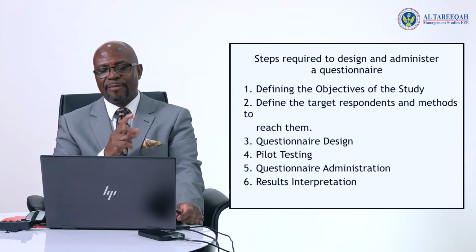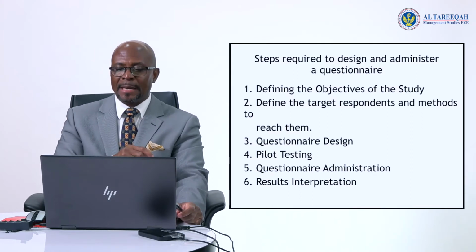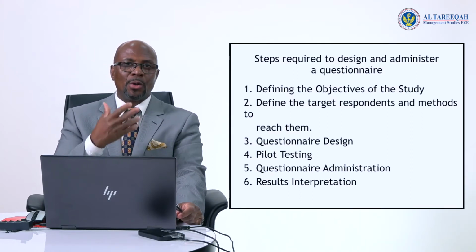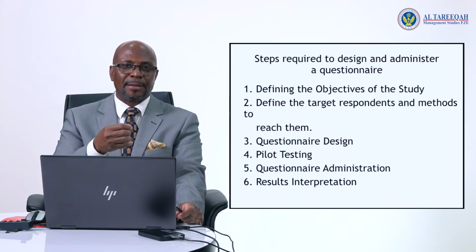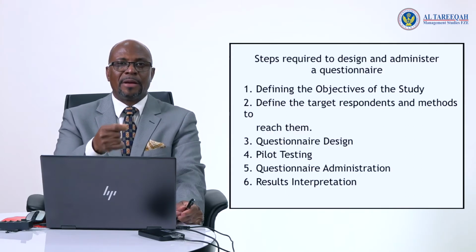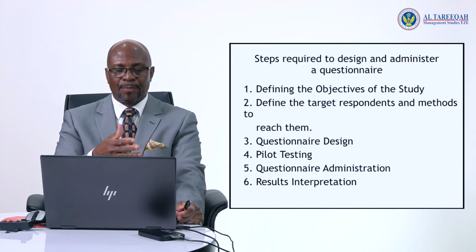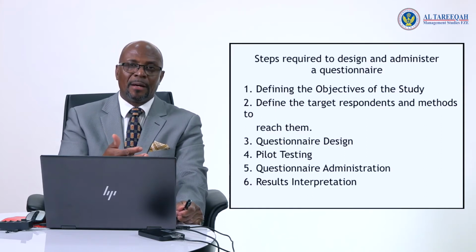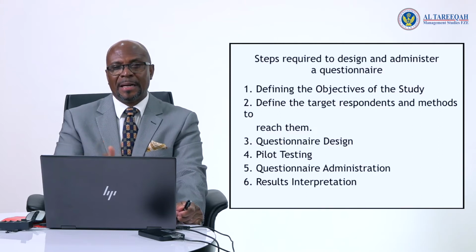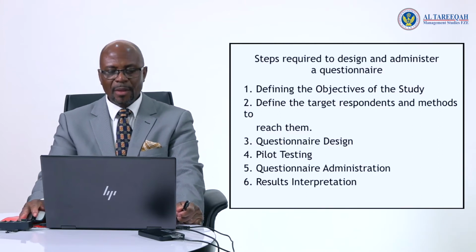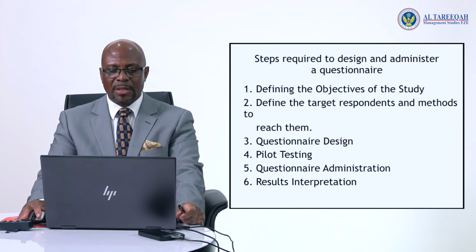Number 2, define the target respondents and the method to reach them. How will you reach them? By email, via SurveyMonkey, or by e-post, or web-based applications. So you design the questionnaire.